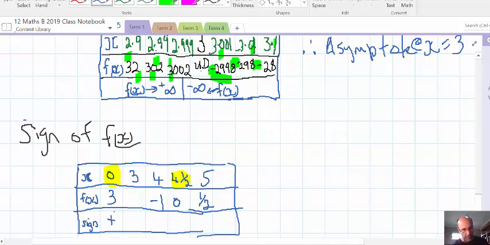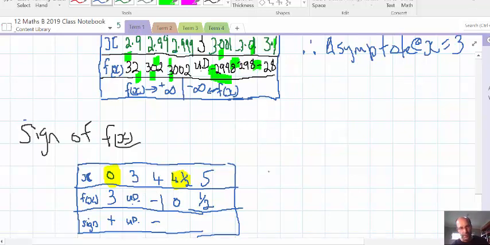Okay, so the sign is positive because we get 3 for f of x, so the sign there is positive. What happens at x equals 3? It's undefined, so there's no value there. So basically the sign is therefore undefined, there's no function there.